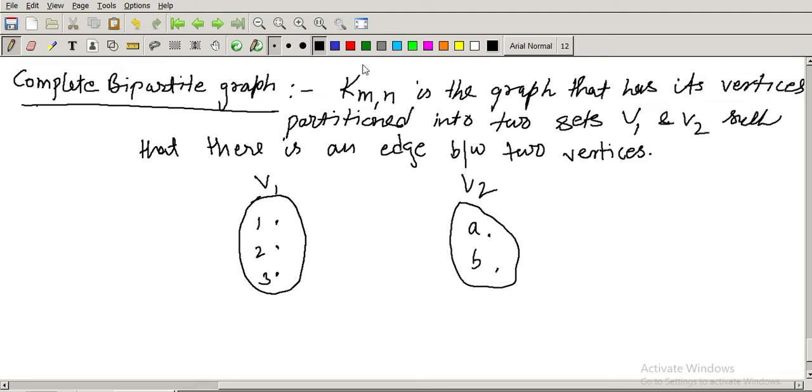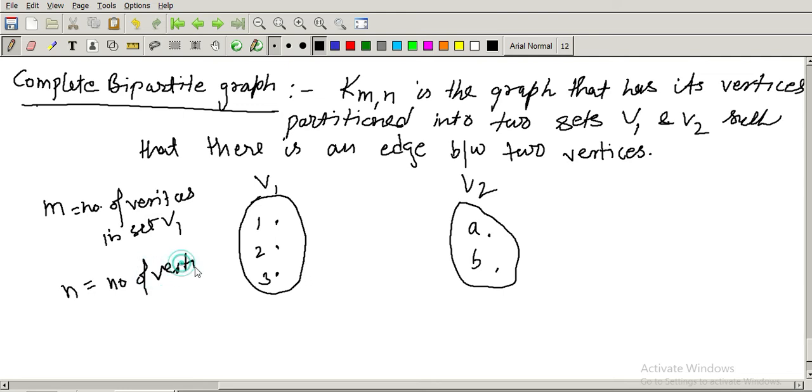So let's talk about these m and n numbers. Here m represents the number of vertices in set V1, where n is the number of vertices in set V2.